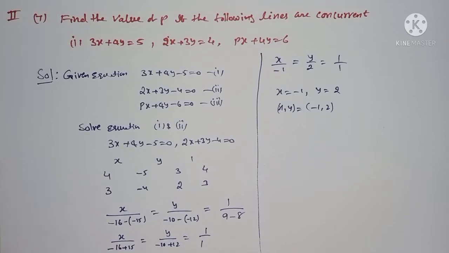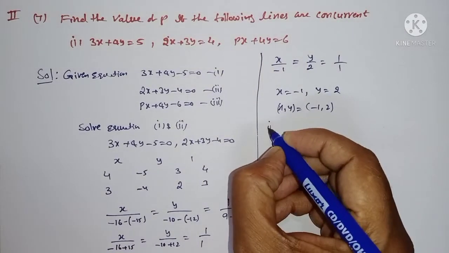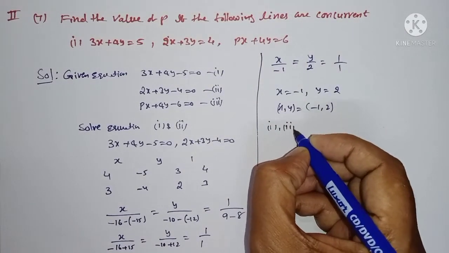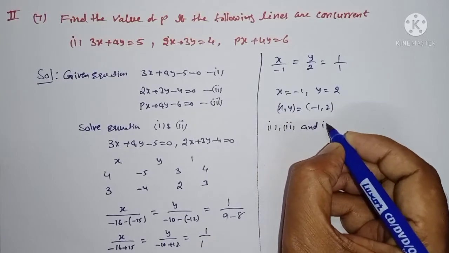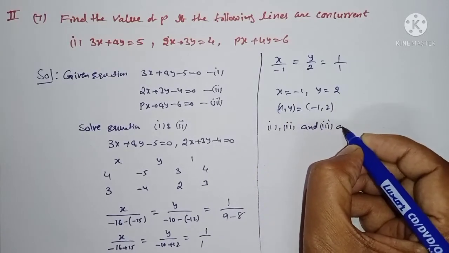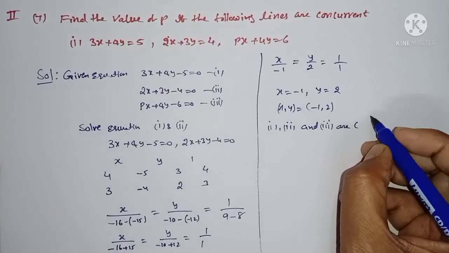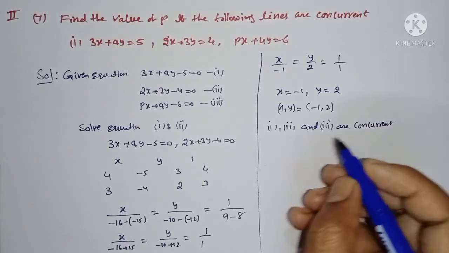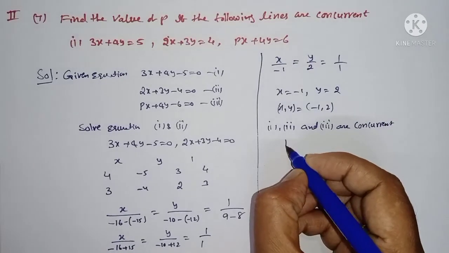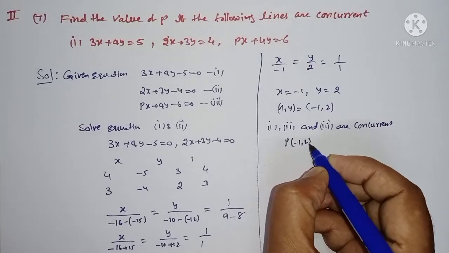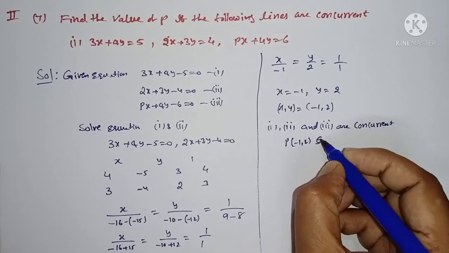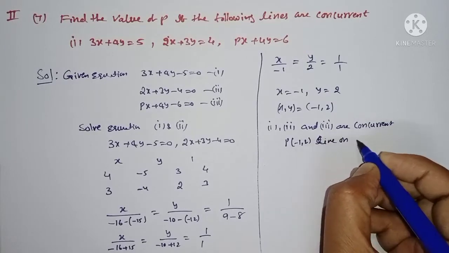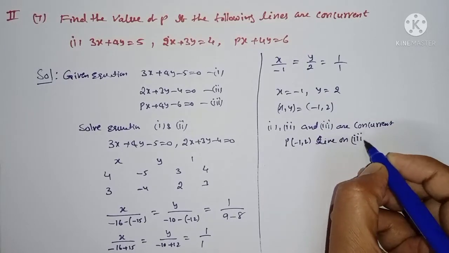Given the lines are concurrent, the first, second and third are concurrent. Therefore the point minus 1 comma 2 lies on the third equation.